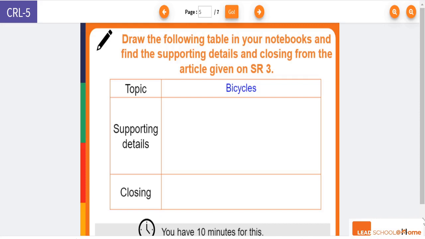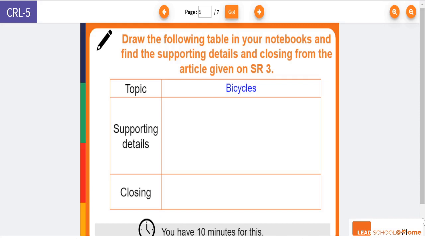Now, I want you to think of all the supporting details that were given in the article based on SR3 that you have read. Please refer to SR3. Those who do not have the physical books nor the downloaded book, please rewind the video, the class that we are going through right now, to the SR and look for the details from there.